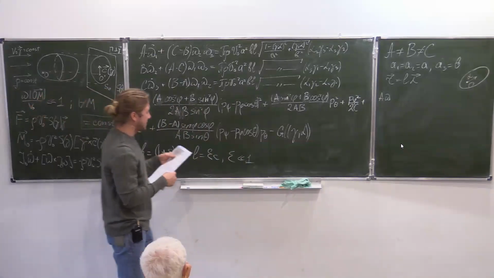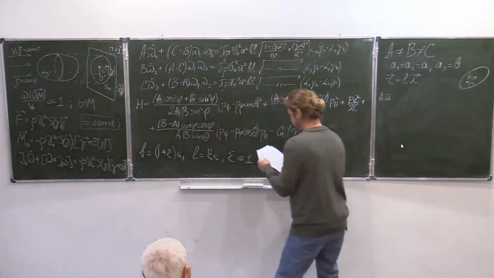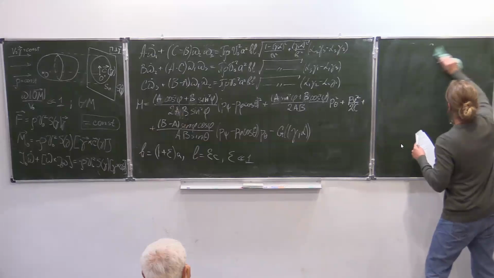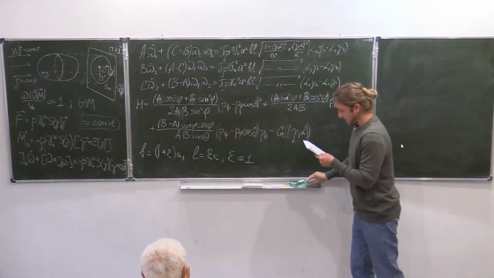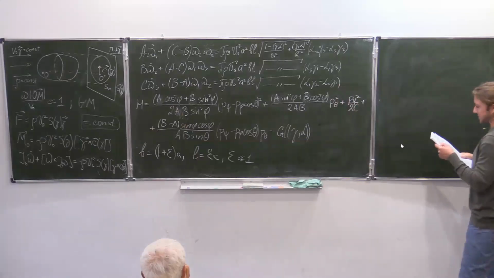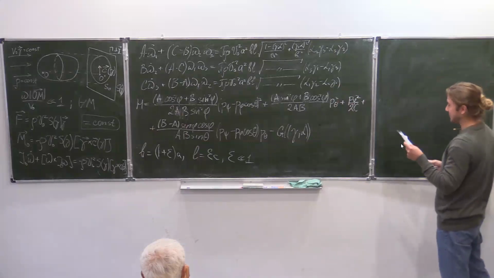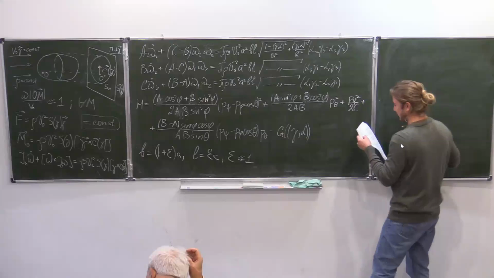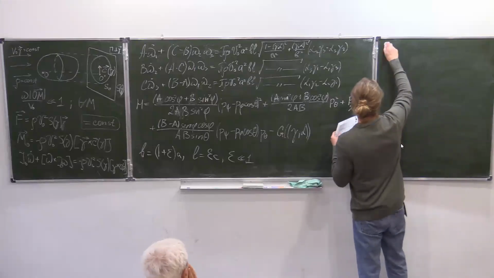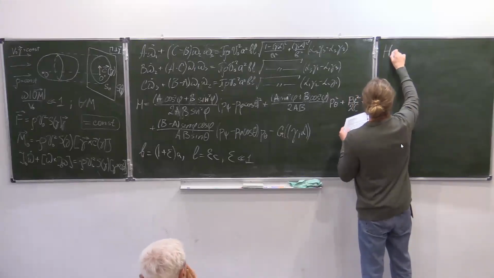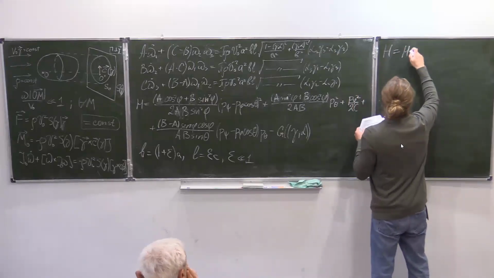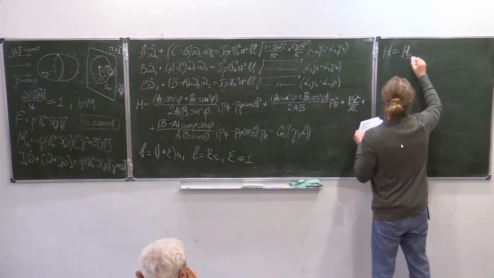Then, in the first epsilon approximation, the Hamilton function of the problem of motion of a rigid body with a fixed point in the flow of particles is equal to the Hamilton function of the problem of motion of a heavy rigid body with a fixed point. That is, our Hamilton function will be decomposed to this sum.